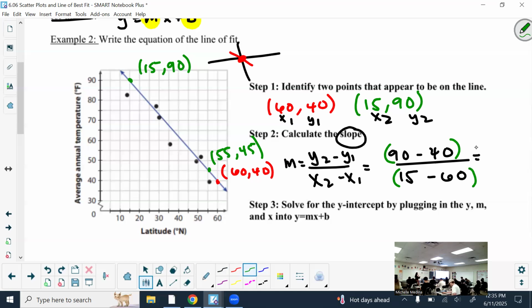But 90 minus 40 is 50. 15 minus 60 is negative 45. And then I'm going to divide those. So 50 divided by negative 45 is negative 1.1 repeating. We'll just round it to negative 1.